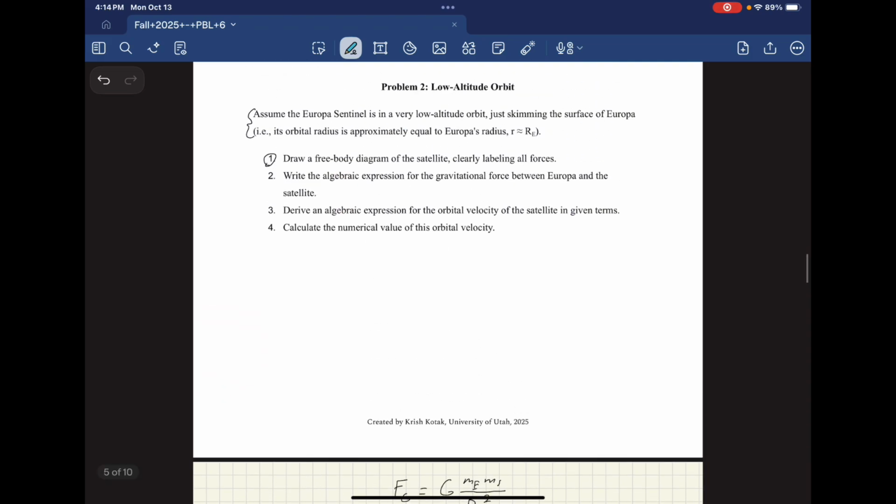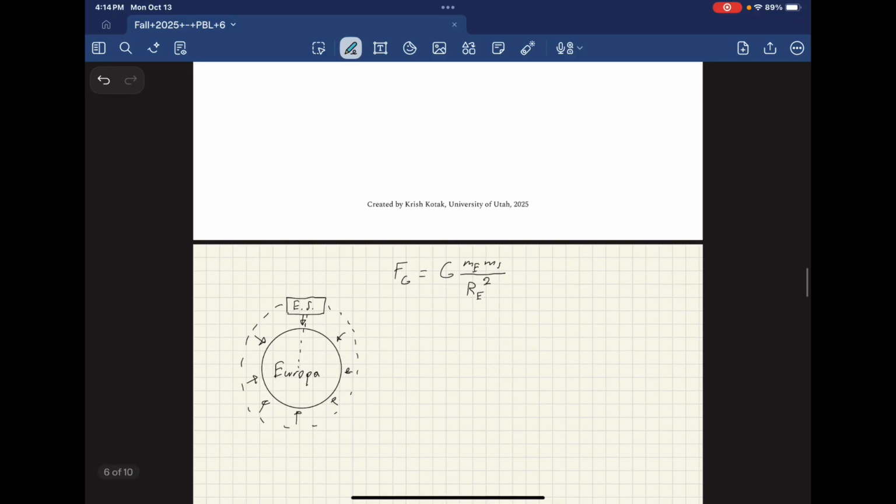For the next question, question 3, we want to derive an algebraic expression for the orbital velocity of the satellite in given terms. The given terms are just G, the mass of Europa, and the radius of Europa. So we don't have the mass of the satellite. What we do know is that this is a centripetal force.